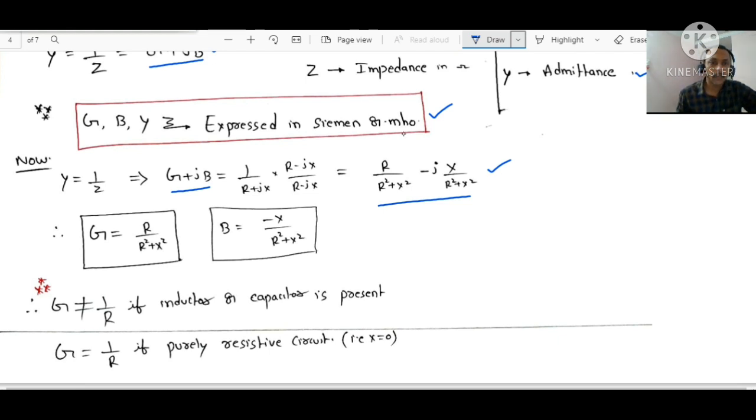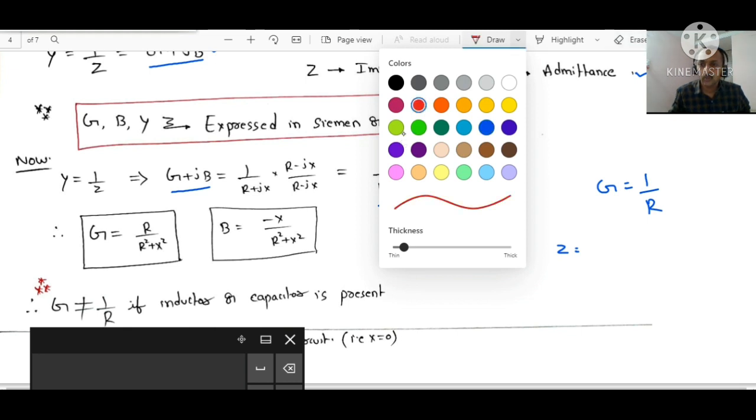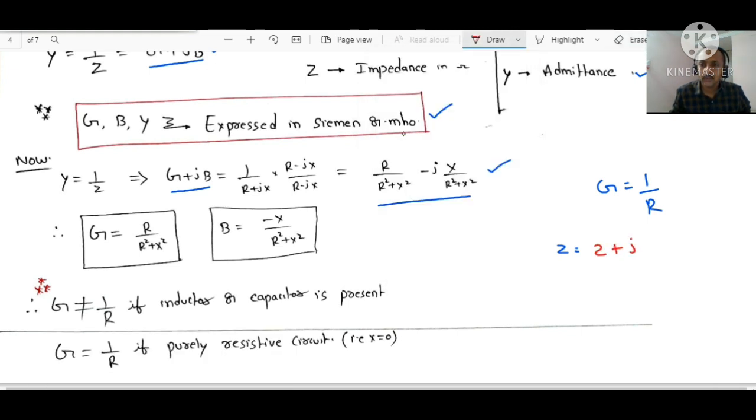Now if you compare this with G plus JB, what is G here? R divided by R square plus X square. This is where most of the students will think that G is nothing but simply 1 by R. No. For example, if I give Z equal to 2 plus J3, and you already know that the general form is Z equal to R plus JX.